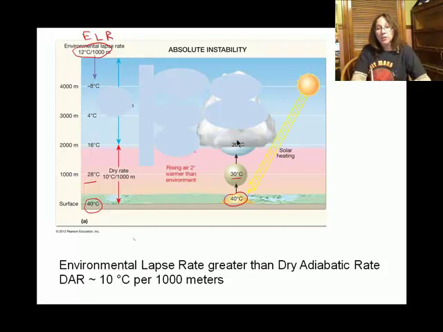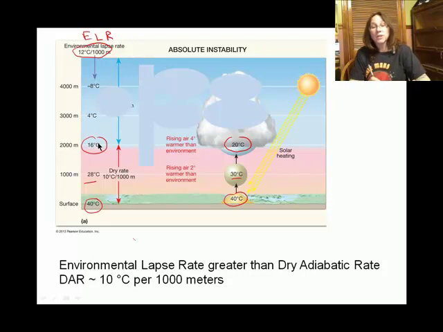Now your parcel will now be at a temperature of 20 degrees Celsius, and we can compare that to 16 degrees Celsius. Ooh, the temperature difference just got even larger. So that means it even maybe wants to accelerate? I don't know. So let's see what happens when we reach the lifting condensation level.